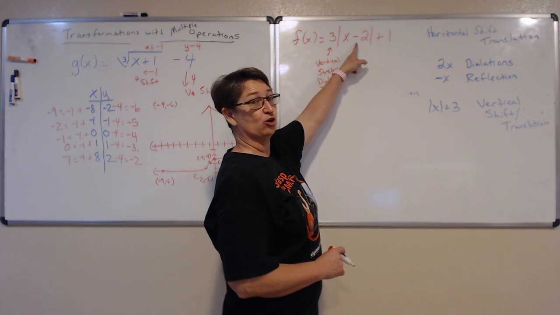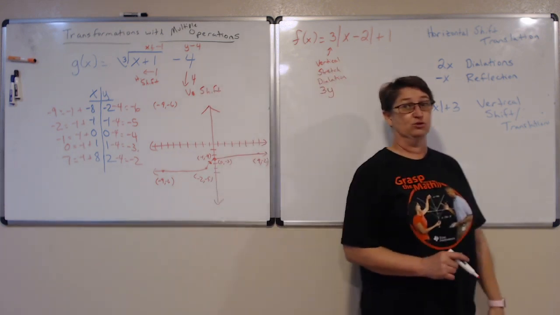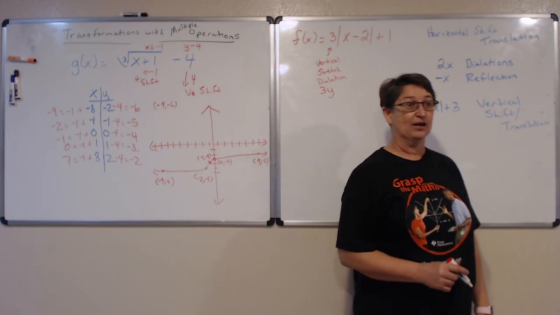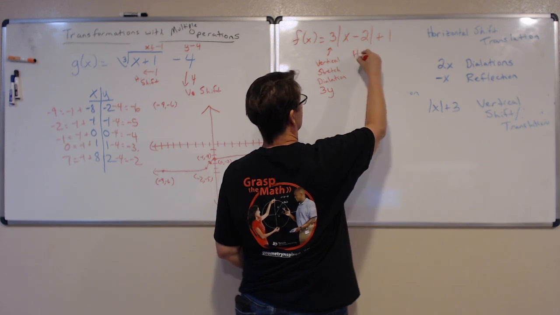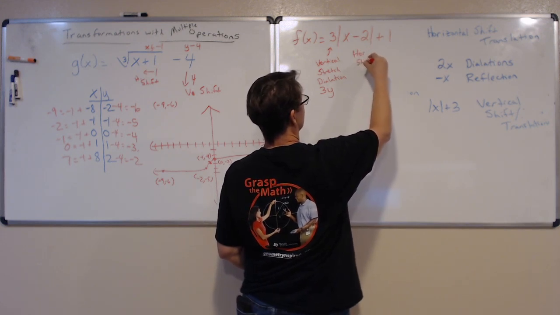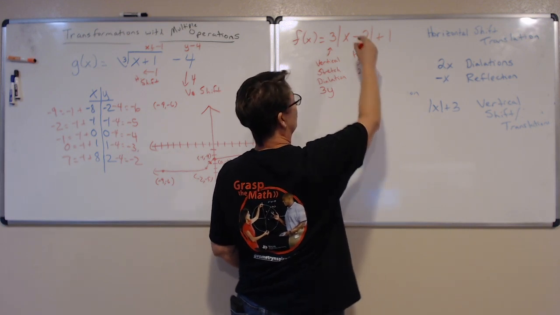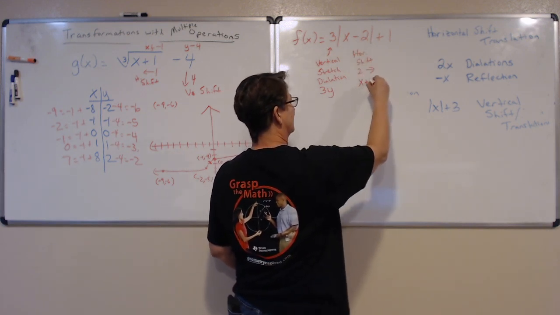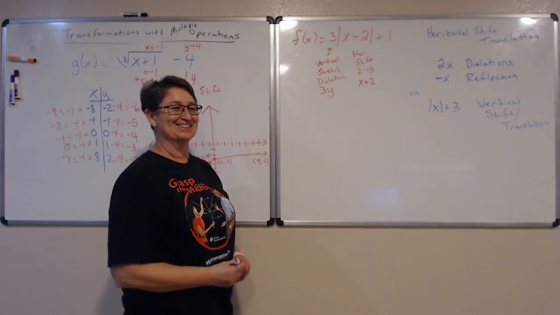Makes me think I want to go to the left, but instead I'm going to go to the right because those x's are liars. So I'm going to horizontally shift it to the right. Or you can think of it as adding 2 to all your x values. Yay, that's exactly right.